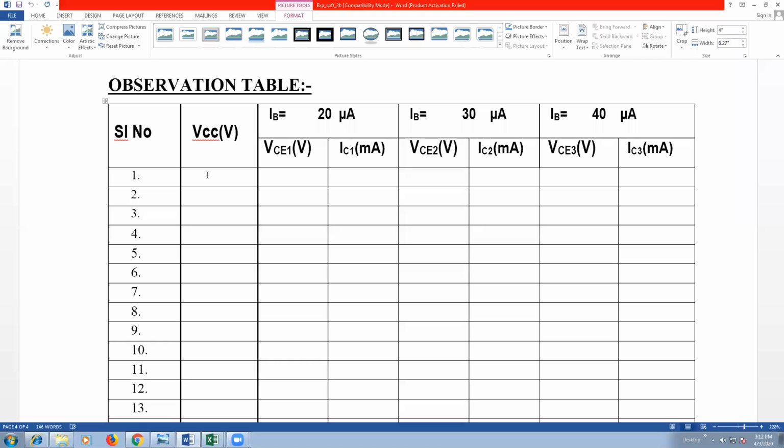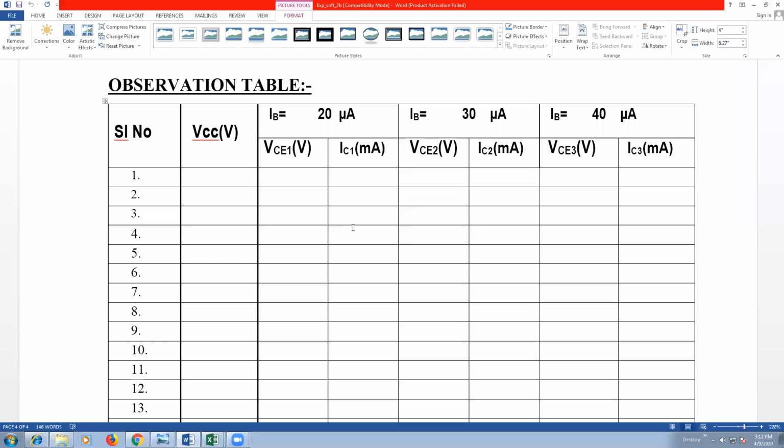By varying VCC, we also have to take the reading for the corresponding VCE and IC until IC is saturated. Take 2 or 3 or 4 saturation readings, then stop for the first set of readings.